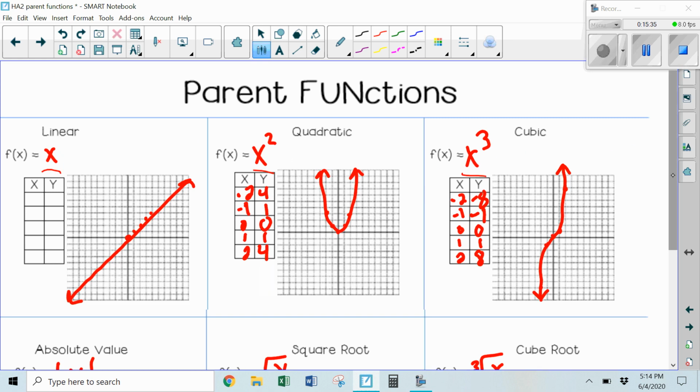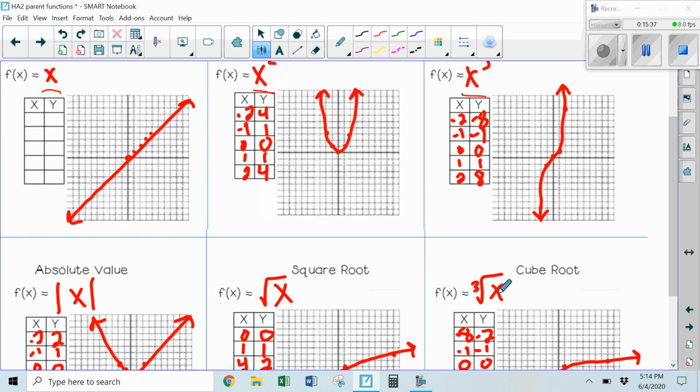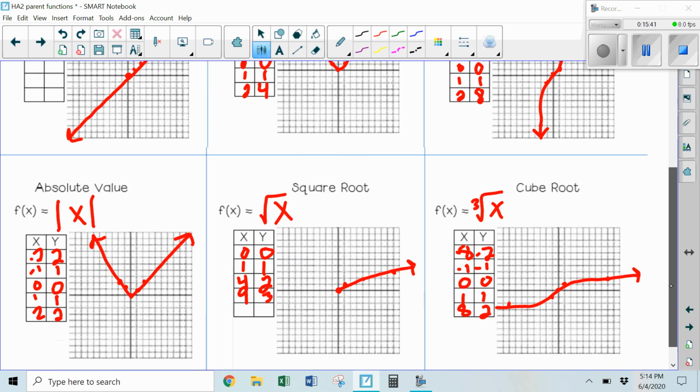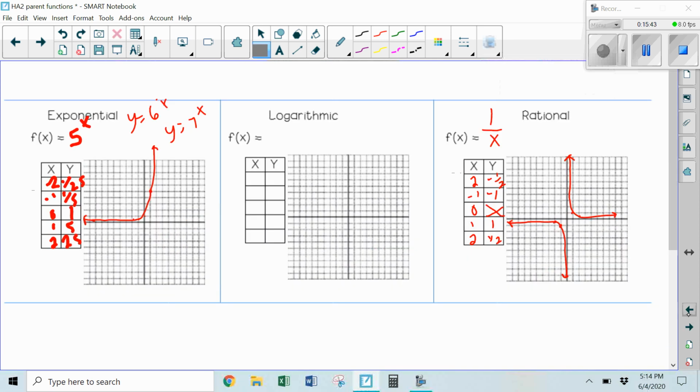So remember x cubed, and cube root kind of looks like the square root, only it has a 3 here. Absolute value you've studied before. These are going to be the hardest ones to remember. Exponential, pick any number you want, preferably a smaller number, and non-negative, and then make the exponent x. And then rational, you'll have to remember, is 1 over x. Once you have the function, it should be fairly easy to plug in a set of numbers.